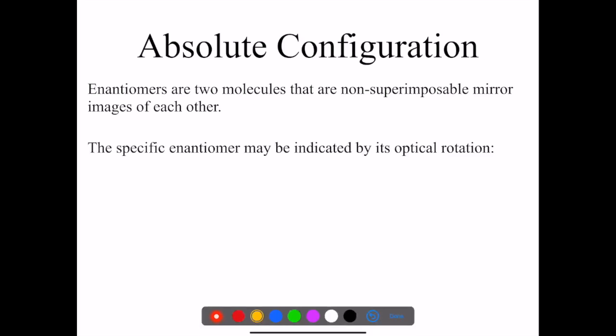And a specific enantiomer may be indicated by its optical rotation, such as plus tartaric acid, which means what? That it's dextrorotatory. It rotates plane polarized light in a clockwise direction. Or minus tartaric acid, which rotates plane polarized light in a counterclockwise direction, levorotatory.